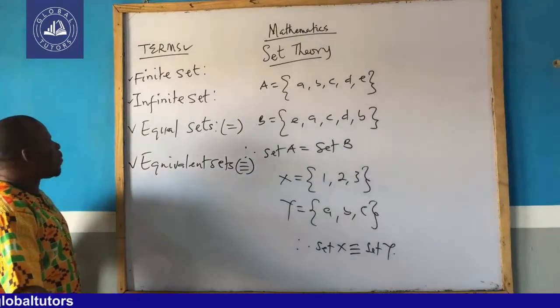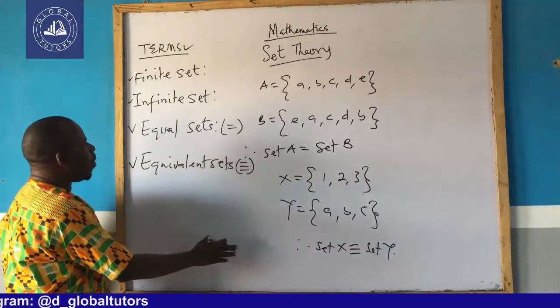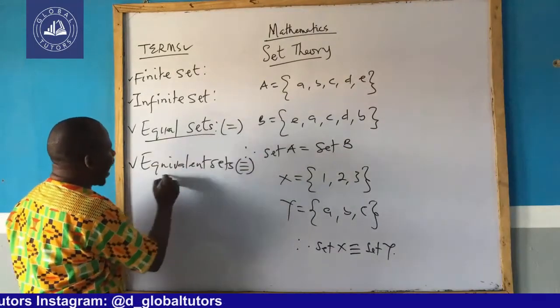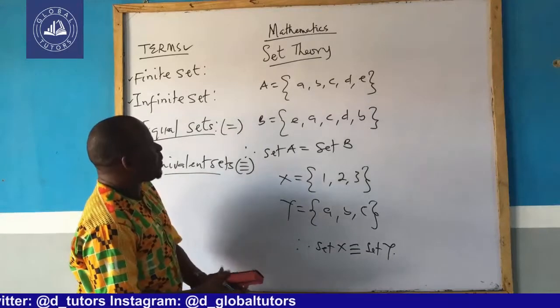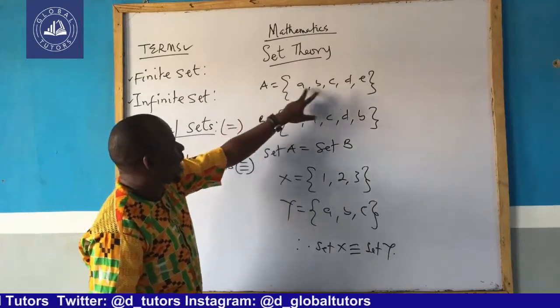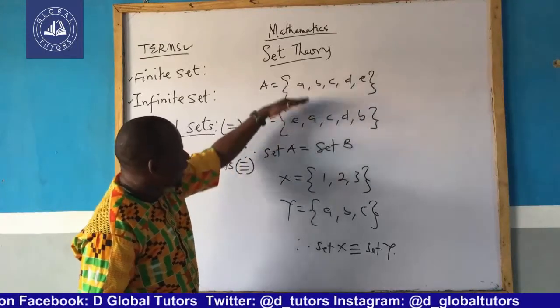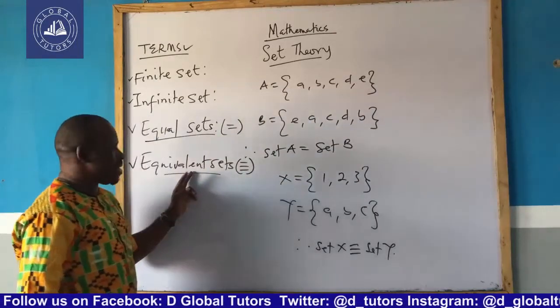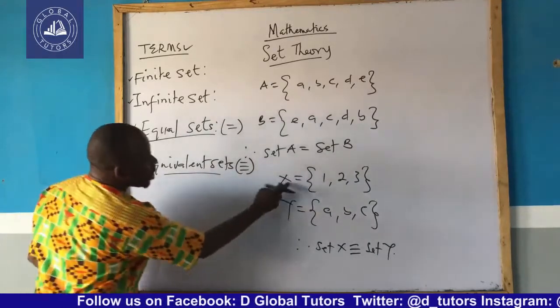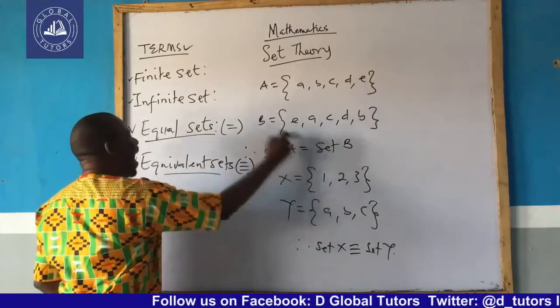Now, what can we conclude? We can conclude that all equal sets are equivalent. Because if you go back to this example, {1, 2, 3, 4, 5} and {1, 2, 3, 4, 5}, they are equal and they are also equivalent. But not all equivalent sets are equal.